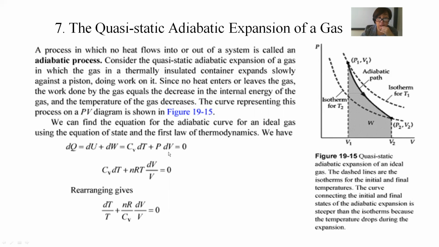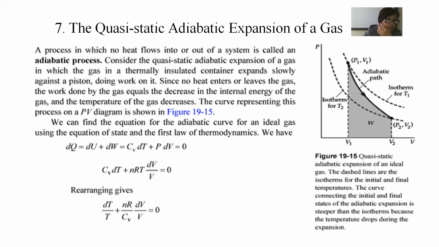So Cv dT plus P dV equals 0. Here we replace the pressure using the Clapeyron-Mendeleev equation, P equals nRT divided by V.